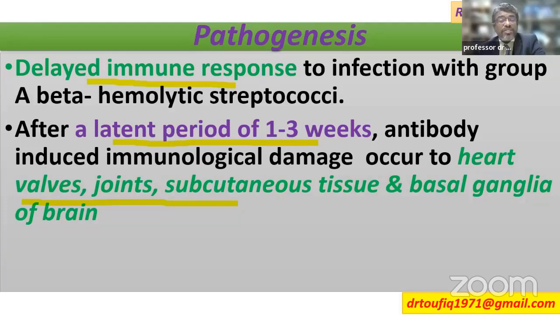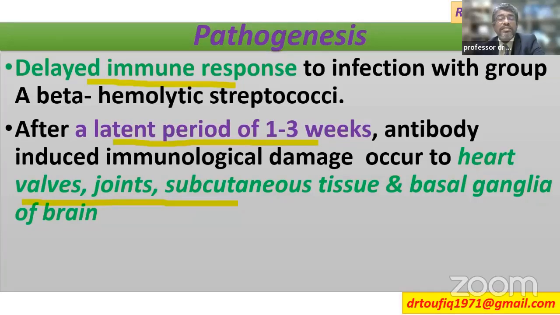After the sore throat infection, antibody is produced against the M protein of the streptococcal antigen, and this antibody cross-reacts with different tissues, especially connective tissues, which have similarity with the joint tissue, cardiac tissues, brain tissues, central nervous system, and subcutaneous tissues.